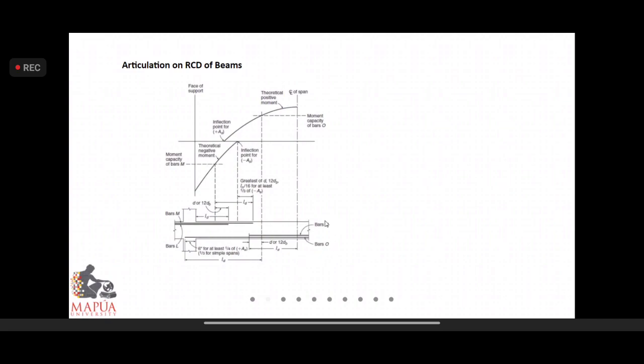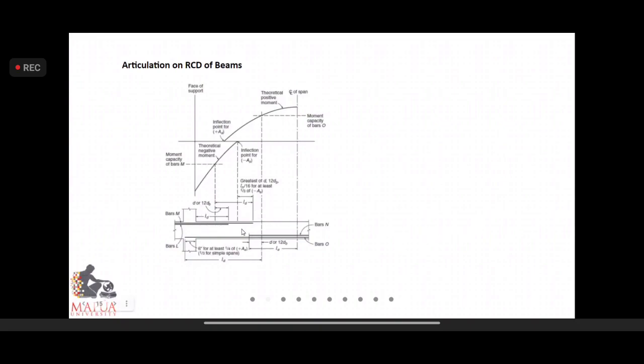So this will be the considered cut bars from the excess moment that will be considered in the tension side, and this will be the continuous bar, usually extended all throughout this column or supports here and in this side.